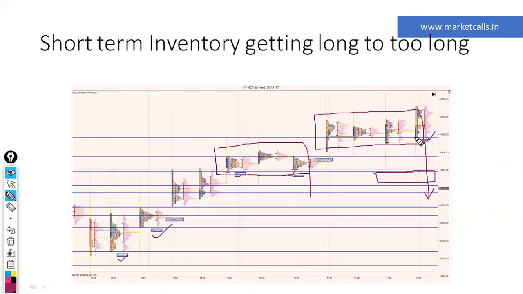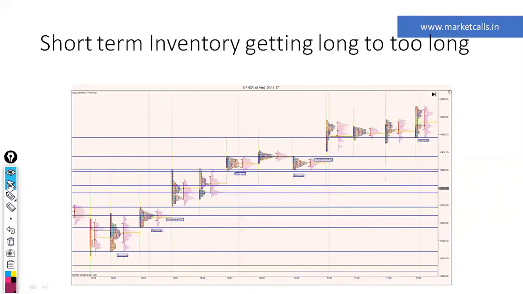And in fact, there are 2 more prominent points of control also, which again are not cleared. Those are the signs that the market is dangerously long. So we call it inventory getting long, too long. Anytime you can anticipate those short-term corrections can happen. When it is happening, it happens with a high confidence moment in the markets.